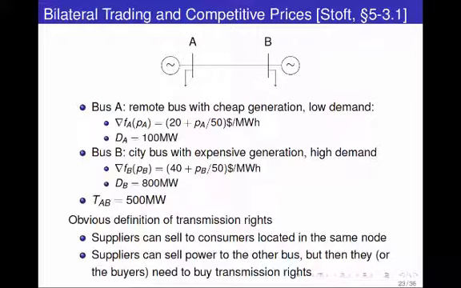Can you think of who it would be? If prices at B were higher than price of A plus moving power from A to B, someone would not be very happy about this and would find another trading partner and do something better. Who would be unhappy with this arrangement?